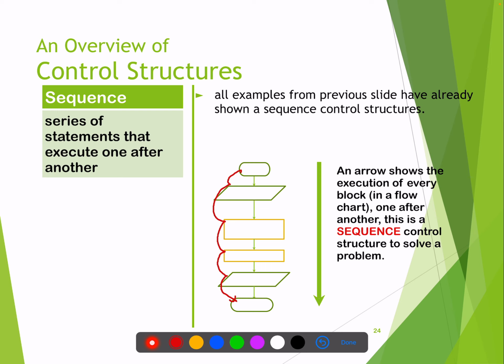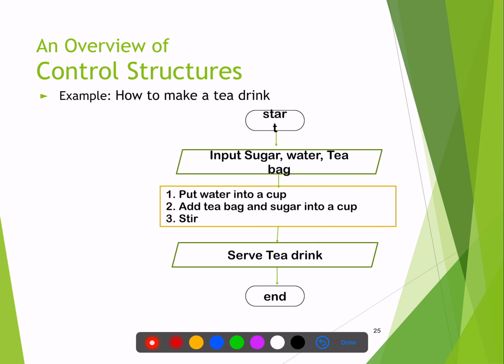So that is only the straight one, a series of statements. The arrow shows the flow of the command. All right, that is sequence. Okay, we go to the next.